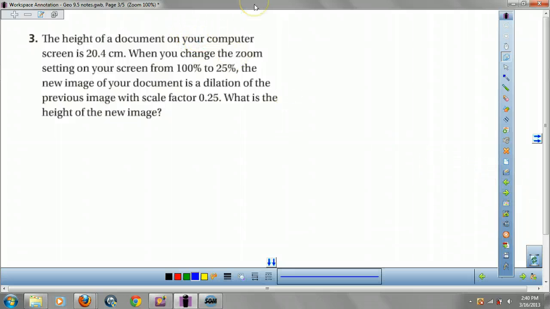So you're looking at your computer. The height of the document on your screen is 20.4 centimeters. Okay? When you change the zoom settings from 100% to 25%, the new image is a dilation with scale factor 0.25. What's the height of the new image? So you take your original height, and you times it by your scale factor.